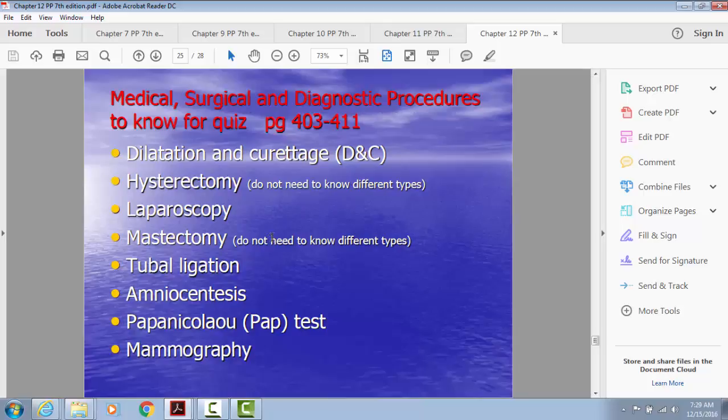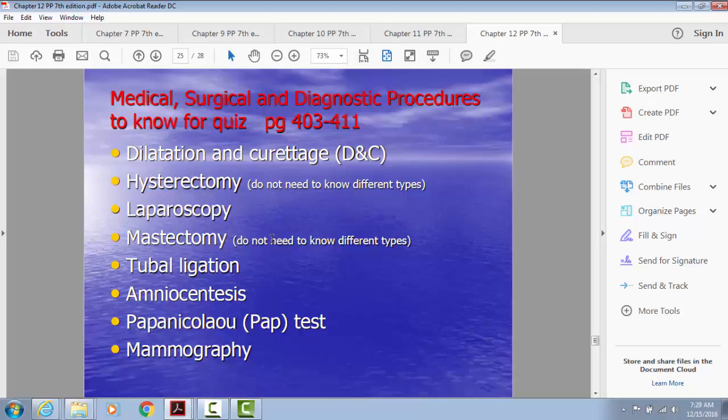Medical, surgical, and diagnostic procedures to know for the quiz. Page 403, dilatation and curettage. Actually, that's not on 403, that's on 404. It's abbreviated D&C, and this is a procedure where they basically clean out the inside of the uterus.